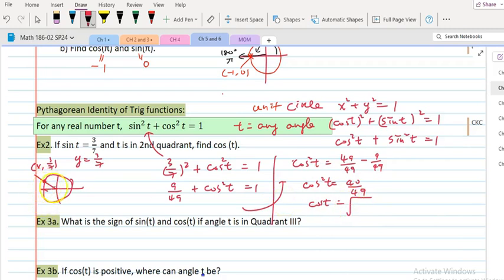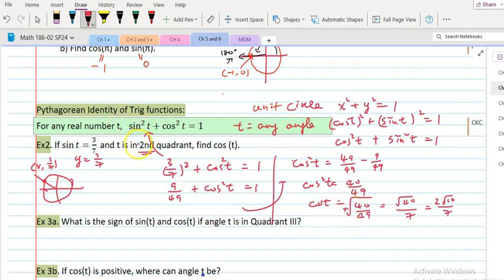For cosine in the second quadrant, cosine is positive. So we would just do 40 over 49. So the square root of 40, and the square root of 49 is 7. It's positive, right? We do not need negative because it's in the second quadrant. So this would be 2 root 10 over 7. And that is my cosine t.